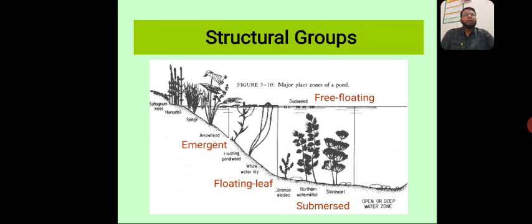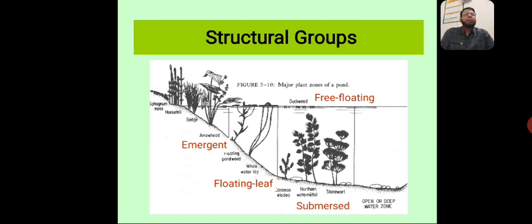And some plants are partially under the water and partially above the water, meaning the upper portion of the plant is above the water and the lower portion is under the water. Such plants are called emergent hydrophytes, or sometimes amphibian hydrophytes.